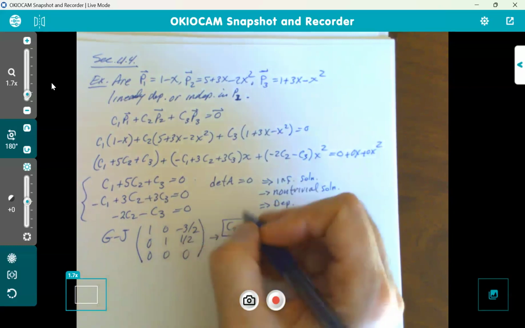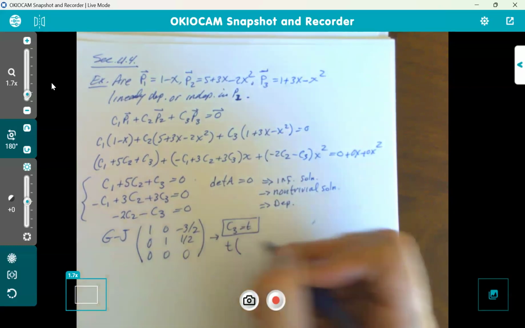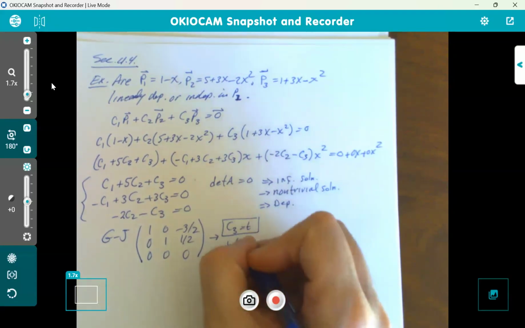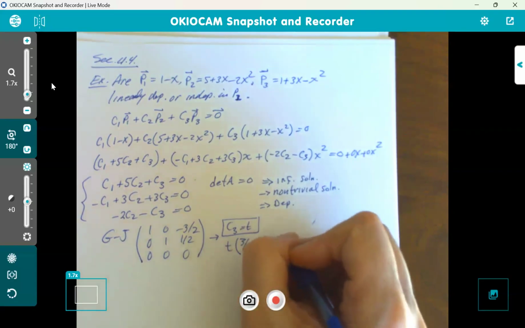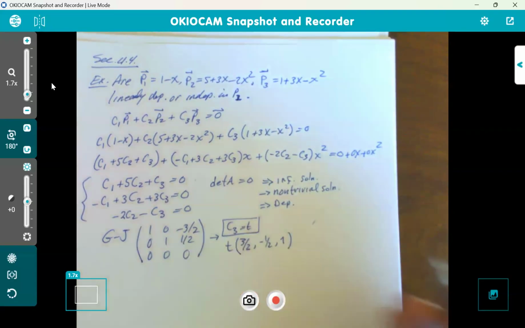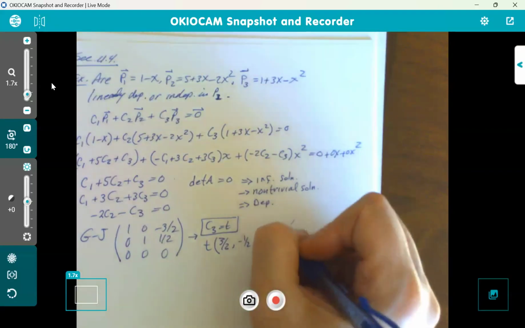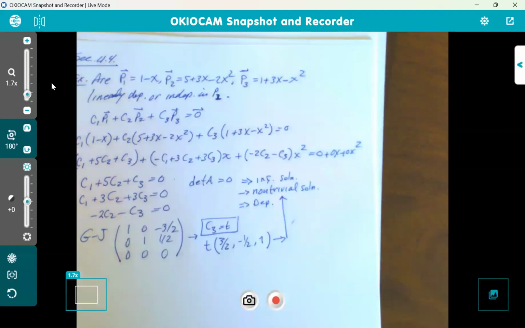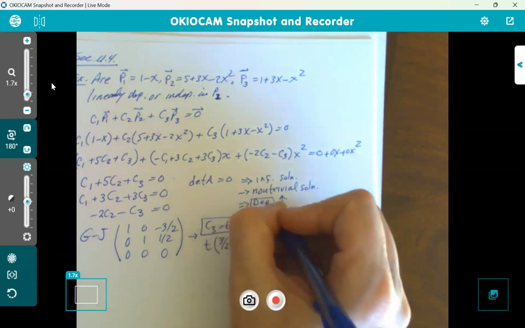My free variable is c3, and my parametric solution is going to be 3 halves t, negative 1 half t, and of course, t itself. So this means, again, the same conclusion. This system has non-trivial solutions. So however you look at it, the system is dependent.